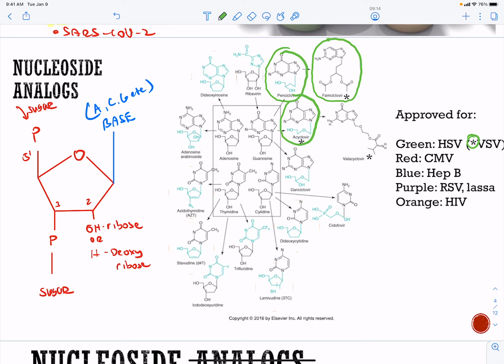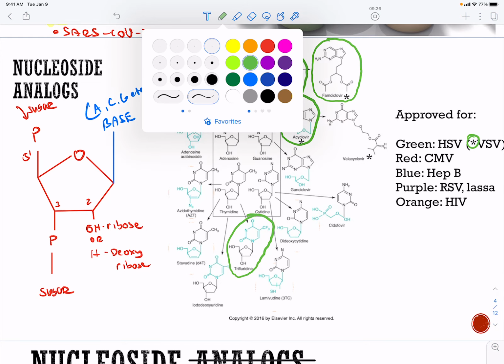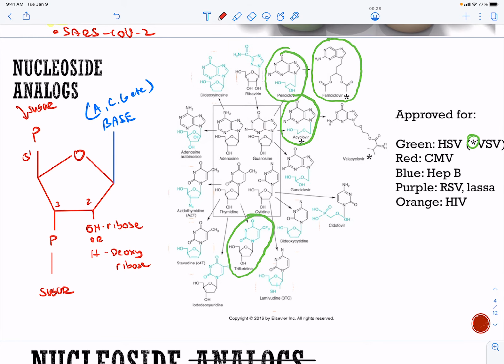And then we also have terfidine, this guy right here. Now with respect to our CMV, so CMV is going to have a couple, this guy here, this guy here.